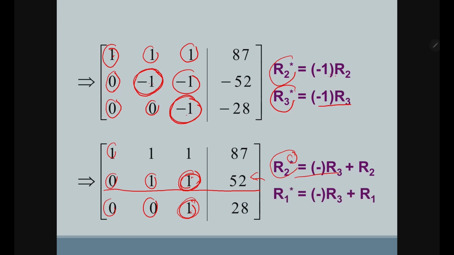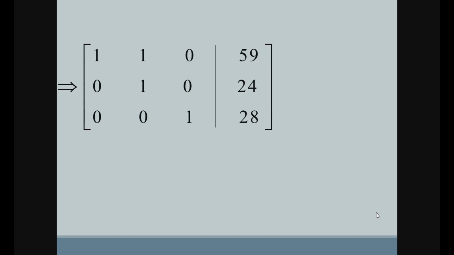And then next we need to make sure the first row must be reduced to 0 by using the formula for the new row, negative R3 plus R1. This formula is applied to all the elements in the first row. We get here the last one.